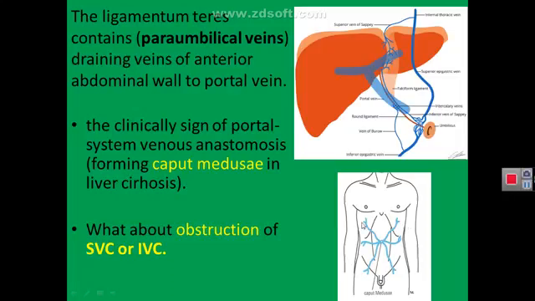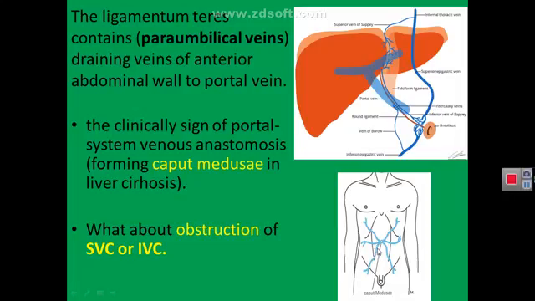You will find that the anterior abdominal wall shows dilated veins radiating from the center of the umbilicus. If you follow the blood flow in these veins, you will find it normally passing above the umbilicus above and below the umbilicus below, as the umbilicus is a watershed line.